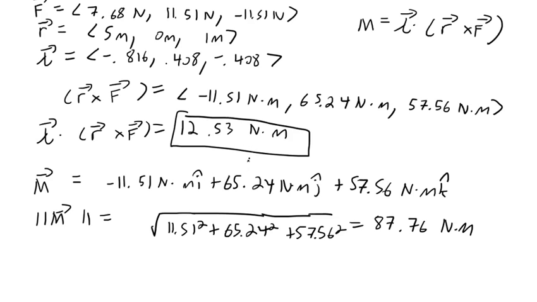So you notice, about the point we were considering, the force was generating a total moment of 87.76 Newton meters. However, only a portion of that was actually about the axis we are considering. Only 12.53 Newton meters of that moment could be considered directed about that axis.